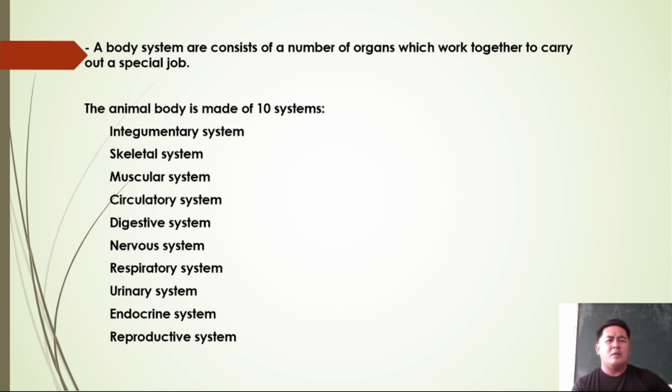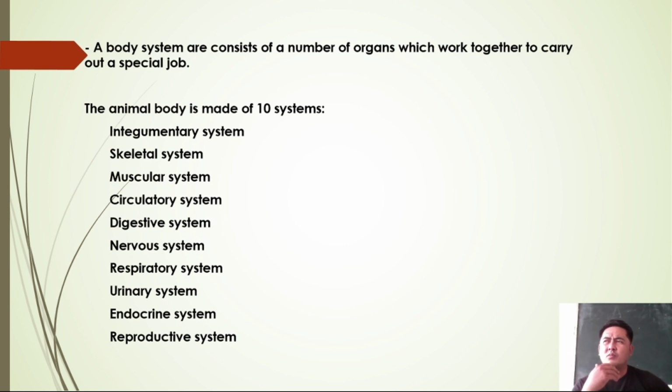So a body system consists of a number of organs which work together to carry out a special job. So if you have an animal body system, it is composed of many organs that work as one to do a special function in the body. For example, we have the circulatory system.